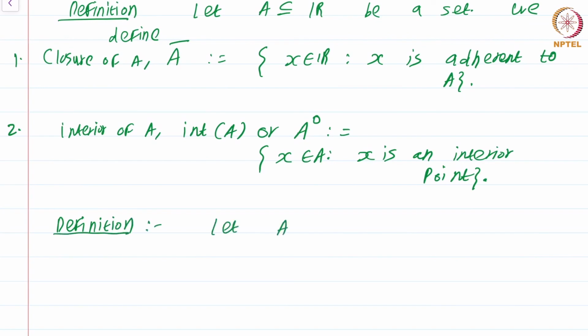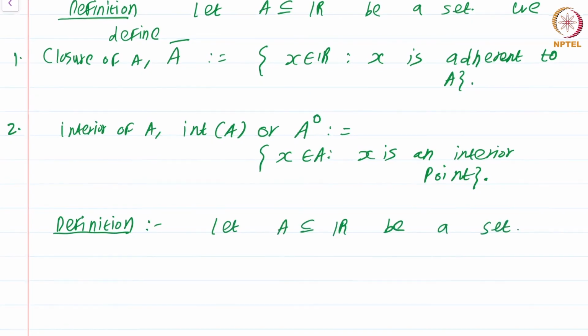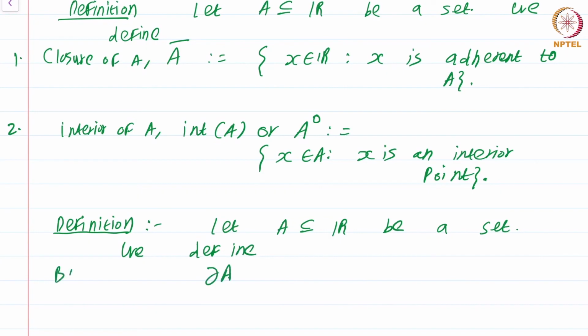Let A subset of R be a set. We define boundary of A. This is called boundary of A. So we want to say that something is a boundary point.